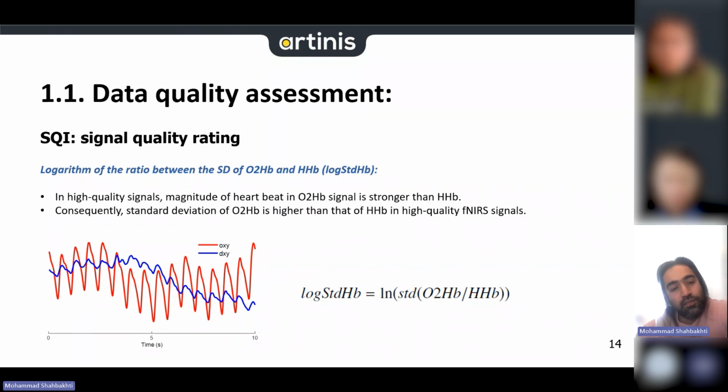Therefore, we expect the standard deviation of O2HP to also be higher than HHP. So we have this formula as a third feature, which is used for rating the data when we have neither low quality nor very high quality data.